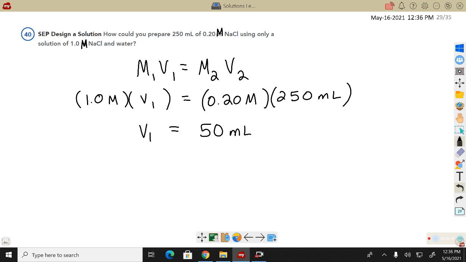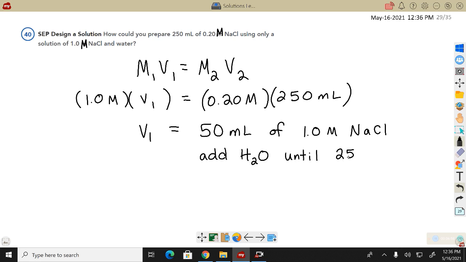And so what it means is that I would use 50 milliliters of the original 1 molar solution, and then we would add water until 250 milliliters is my final volume. That's how I would prepare the solution.